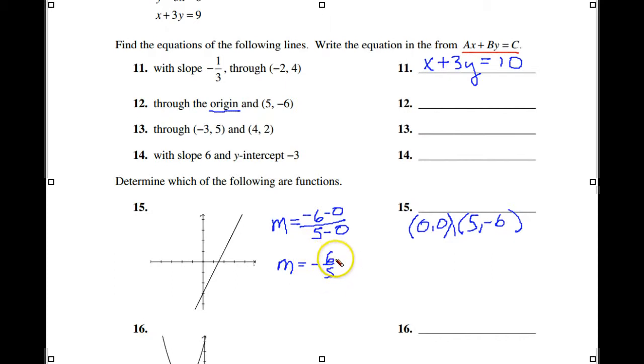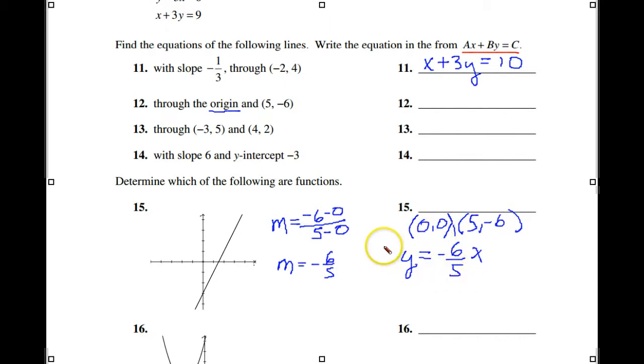Now, do I really need the point slope form, formula 4? Well, no, because I have y equals a negative 6/5 x, and this is plus 0 since it's going through the origin. Okay, that's my y-intercept. But it's still not in standard form.